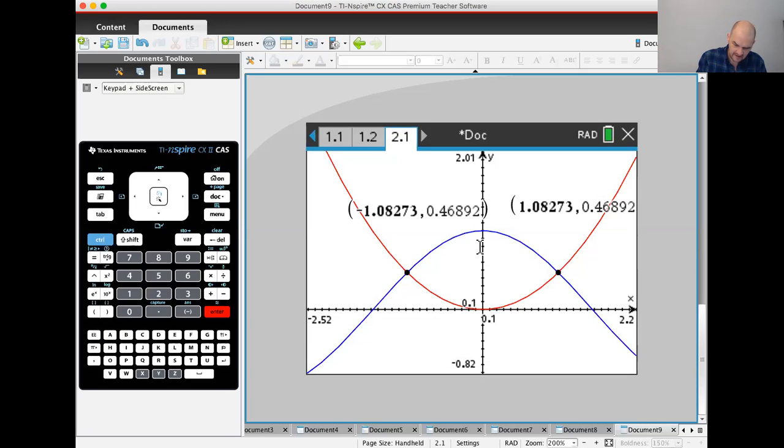So on my notes, I'm writing let A equal negative 1.08273, B equal 1.08273, and then I'm going to write the integral from A to B. So once you've said let whatever, you can just use it. You don't have to write the numbers again, which I think is awesome.